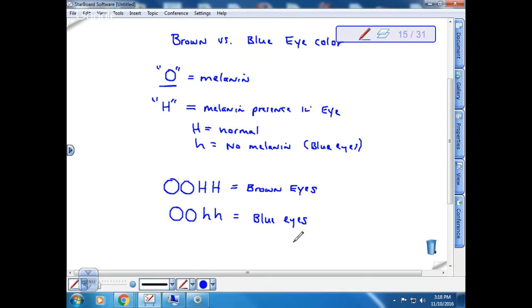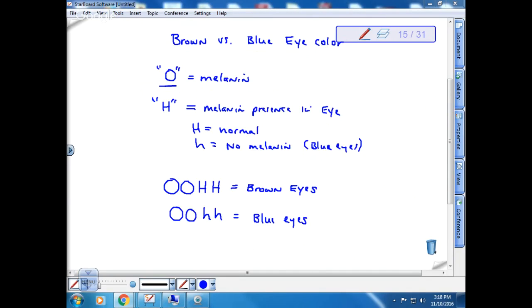Okay, so they're interacting to give us blue eyes. But notice how we have to have 2 copies of the little h gene to get blue eyes. Okay? So if we look at this, there's been a lot of recent research about this blue eye thing.